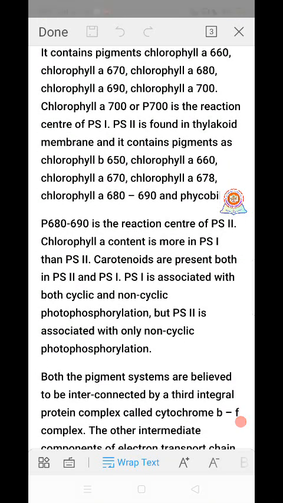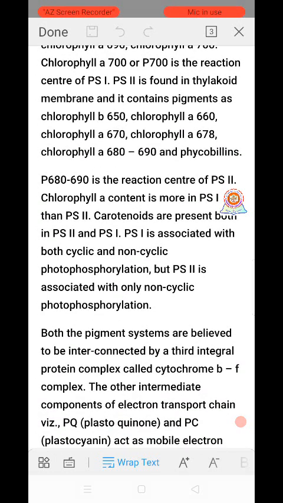Both pigment systems are believed to be interconnected by a third integral protein complex. Photosystem 1 and photosystem 2 are interconnected by a protein complex called the cytochrome b6f complex.